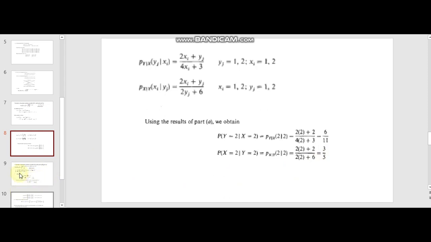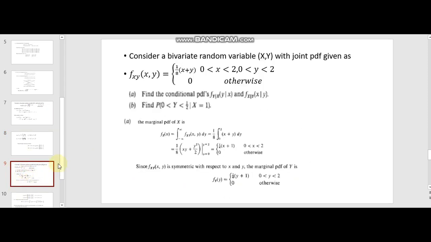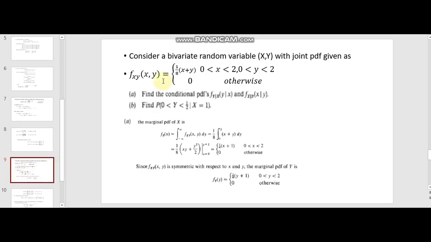In this problem, consider a bivariate random variable x and y with joint PDF given as follows. So here is the joint PDF of two random variables, when x is greater than 0 and less than 2 and y is greater than 0 and less than 2.